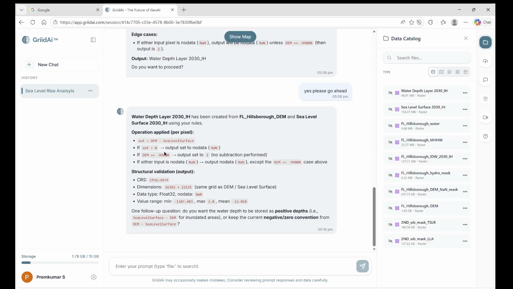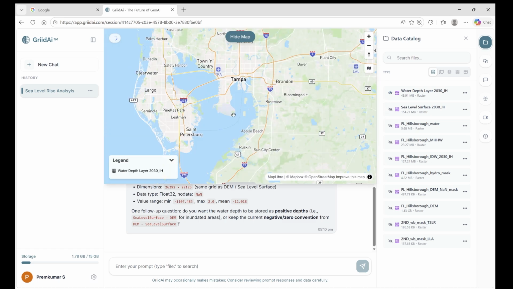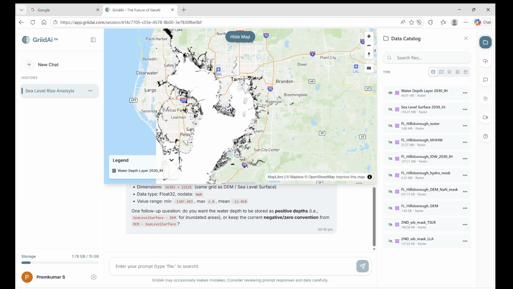So it has computed the final results also here, and the data set has been loaded in the data catalog. Let us see it in the map.